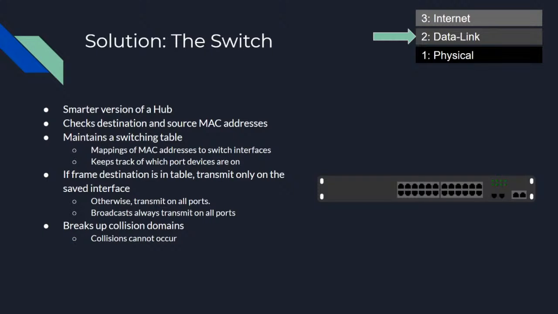I'm going to keep track of that so that if I get a message for that device, I can send it only on that port and I don't have to send it out all the other interfaces. This can speed up your networks because you're not transmitting as much on every link. The only thing is, on a switch, broadcasts always transmit out all ports, so you've got to keep that in mind. We'll talk about that in a little bit. But this does break up collision domains, which is good for you.